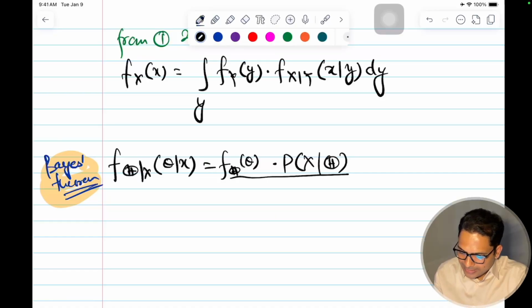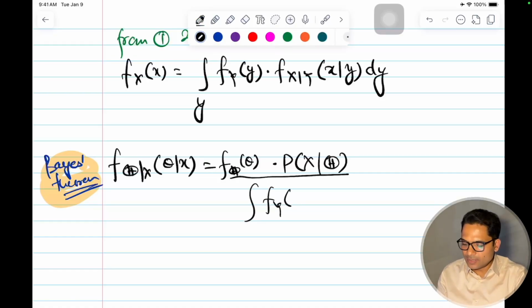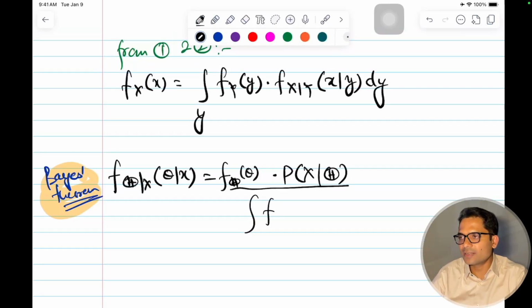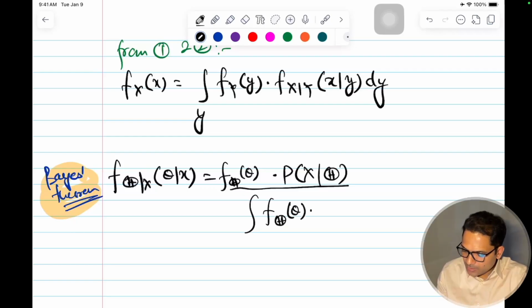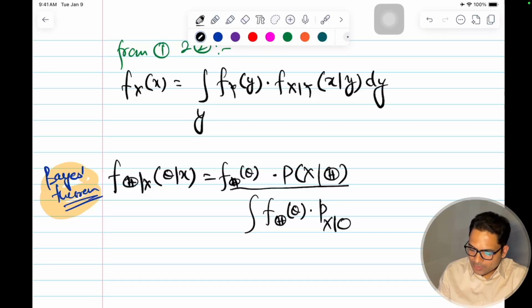This is equal to the integral of fY, and here what is fY? Here y is theta, right? F of theta given theta into probability of x given theta, d theta.